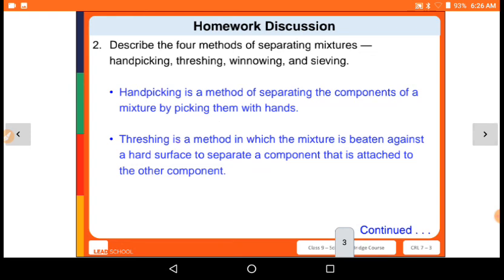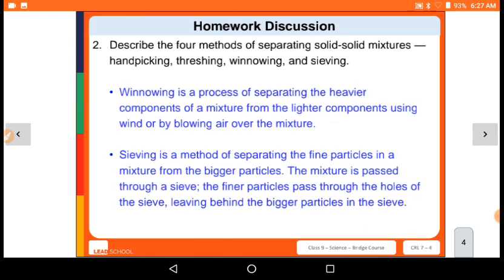Second, describe the four methods of separating mixtures: handpicking, threshing, winnowing, and sieving. Handpicking is a method of separating the components of a mixture by picking them with hands. Threshing is a method in which the mixture is beaten against a hard surface to separate a component that is attached to another component.